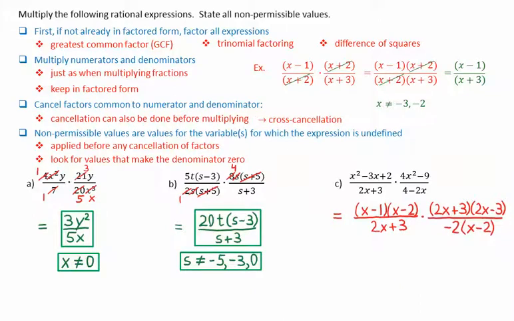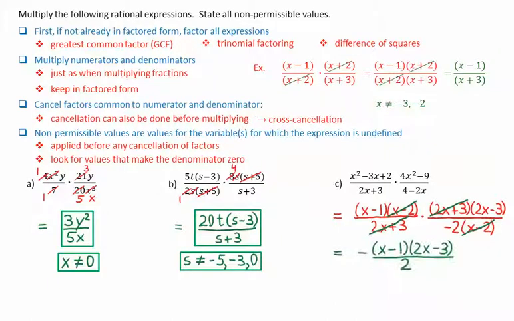The reason I'm factoring out a negative 2 and not just a 2 is then I have the x minus 2 on the denominator, and note the x minus 2 on the numerator of the first expression. We can then do some canceling out. We've got the 2x plus 3's can cancel, and we've got the x minus 2's canceling.